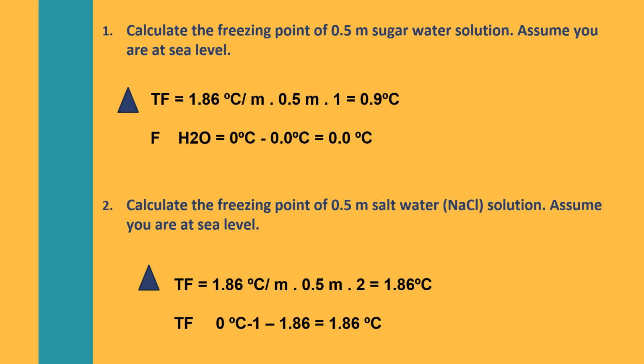In fact, salt is used on icy roads because it lowers the freezing point of the water, prevents the water from freezing, and prevents many accidents, particularly in other countries. So these are the colligative properties, and I hope you found this helpful and meaningful.